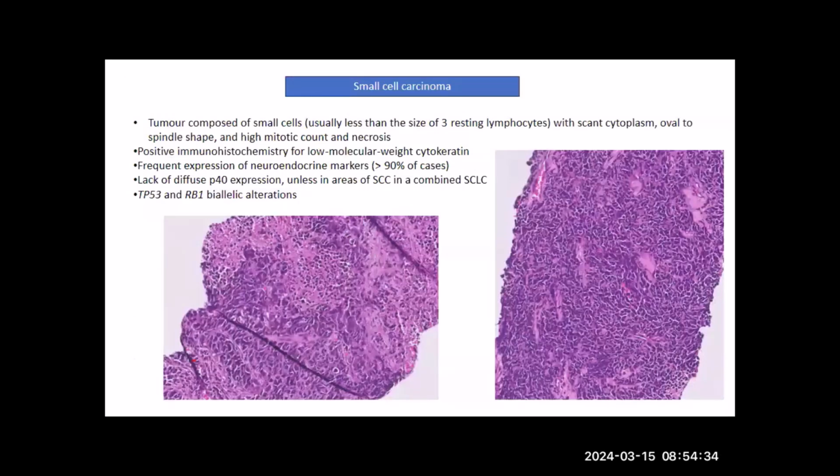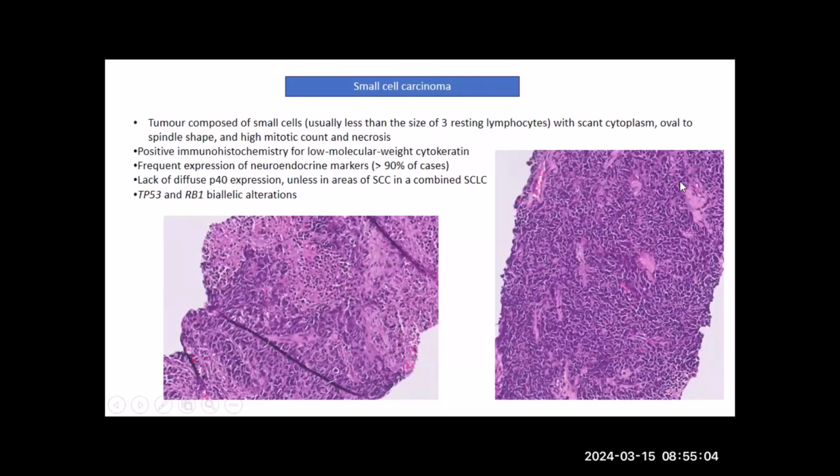So coming to neuroendocrine carcinomas, small cell carcinoma, as the name suggests, is composed of small cells. You can see the compactly arranged dark staining cells. There is always crushing of the tumor cells, and what we call nuclear molding, where a number of nuclei are seen as clusters.